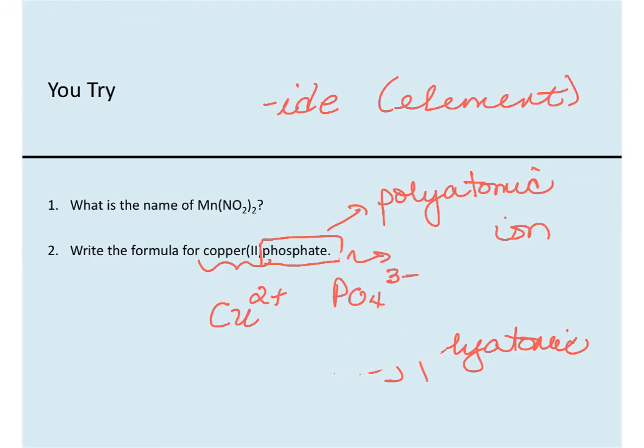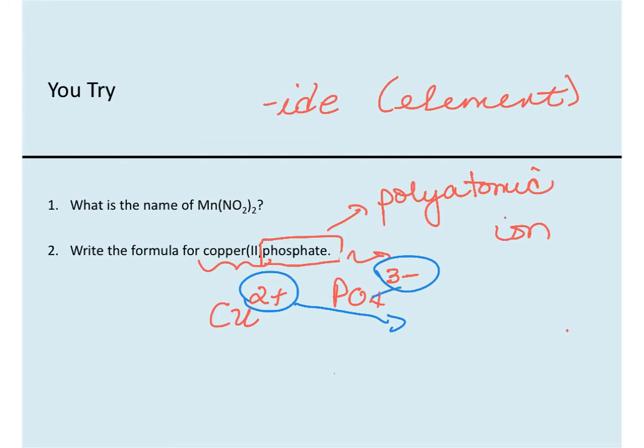So let's go ahead and find the formula by crisscrossing charges. All right, that's going to come down here. Now, when you're dealing with polyatomic ions, it's helpful to enclose the polyatomic in parentheses because you're going to end up with 2 subscripts next to each other. So here's copper, and I'm going to have 3 copper, right, because this 3 from the phosphate came down.